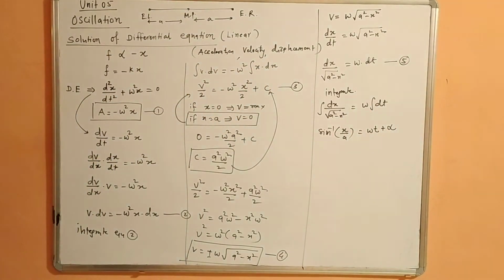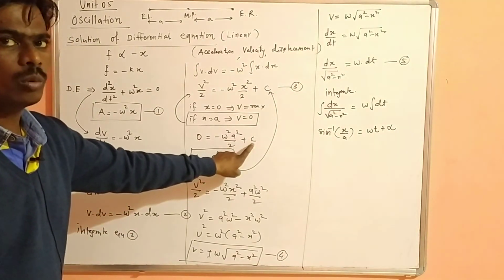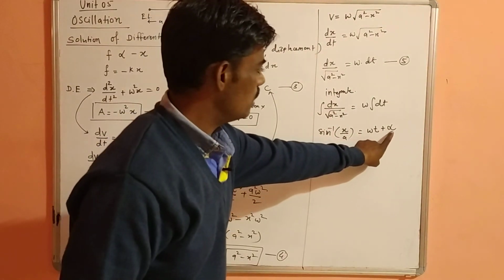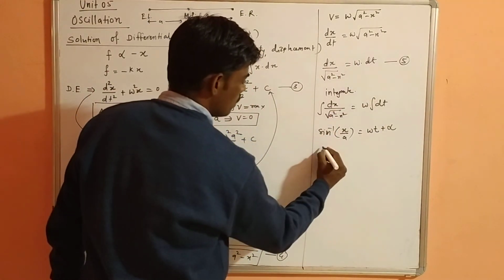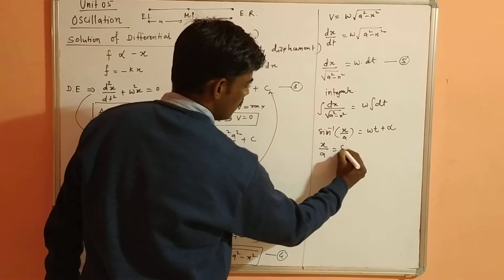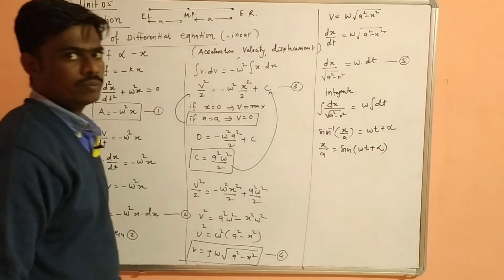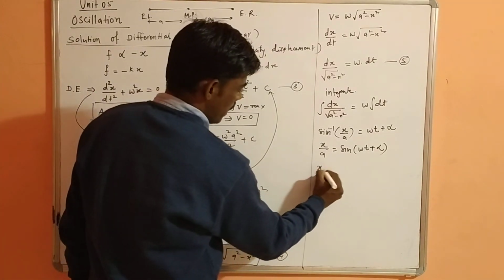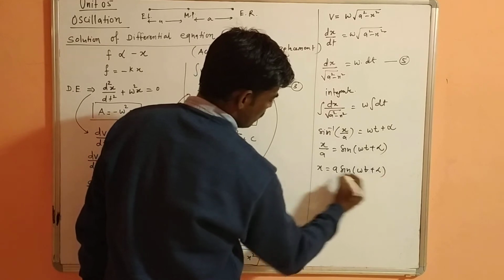Constant of integration alpha. Here constant of integration is c for velocity. Constant of integration is alpha for displacement. So sine inverse x by a is omega t plus alpha. Therefore, x is equal to a sine omega t plus alpha.